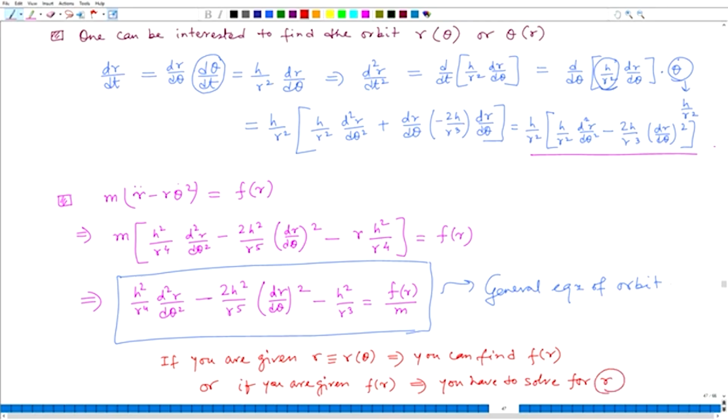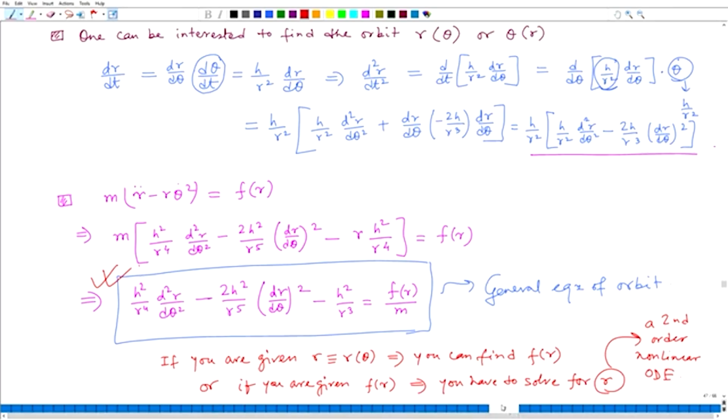But you have to solve what? You have to solve a second order nonlinear ODE in r and theta, which is not necessarily very easy to solve. Okay. So, the question is, can we actually do something more interesting so that things are easy?